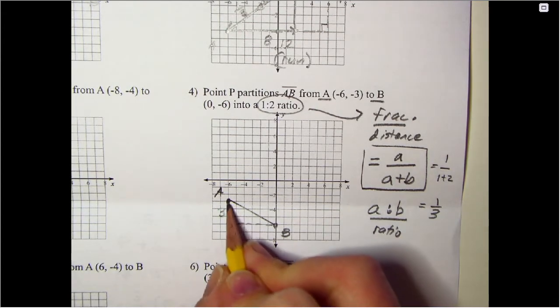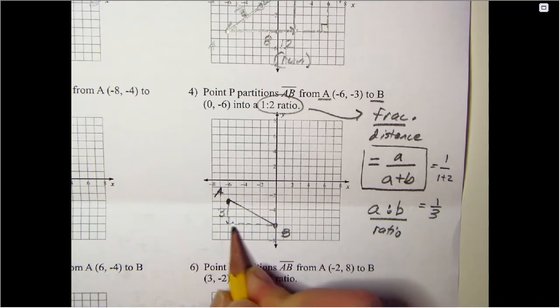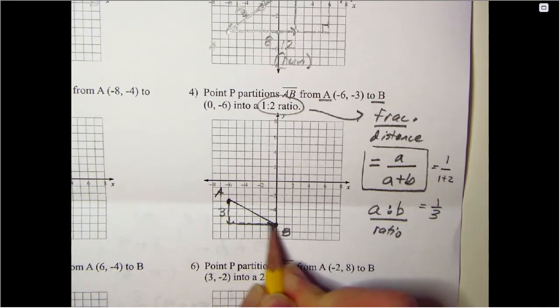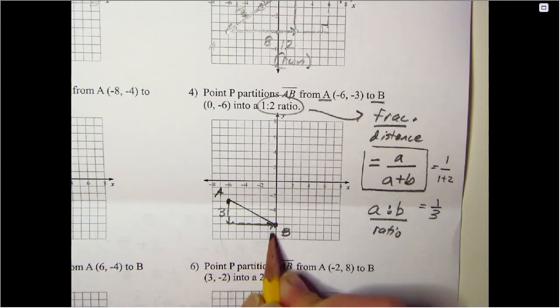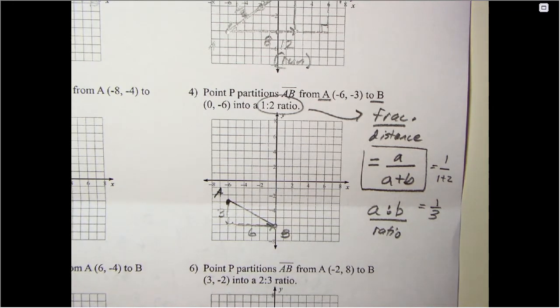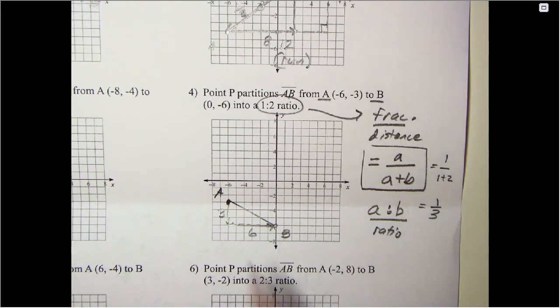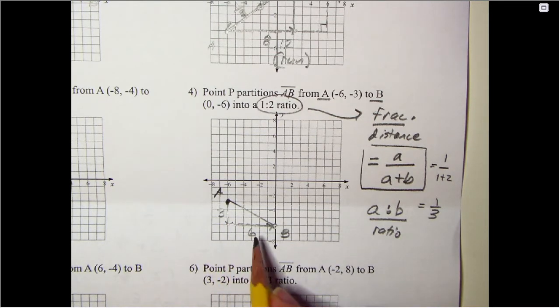It goes down 3, and it goes over 3. Over how many? 1, 2, 3, 4, 5, 6. It goes over 6. So basically, we're just going to take this fall and this run and divide it by 3, or 1/3 of it.